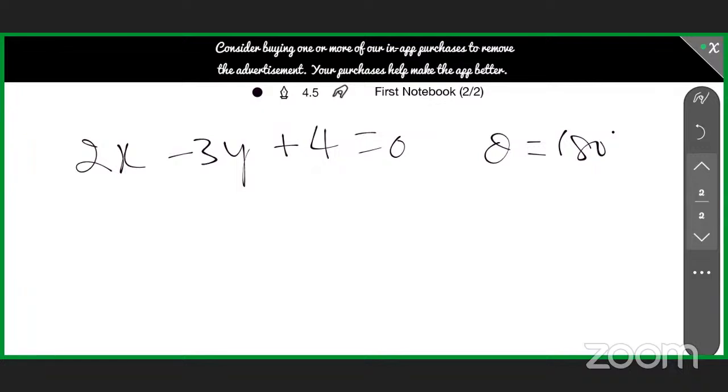Minus 2x plus 3y plus 4 is equal to 0. What is the answer? Minus 2x plus 3y plus 4 is equal to 0. Make x as positive. Let us see what you will get as the answer. Always make x positive.